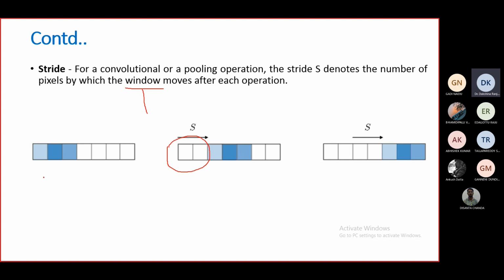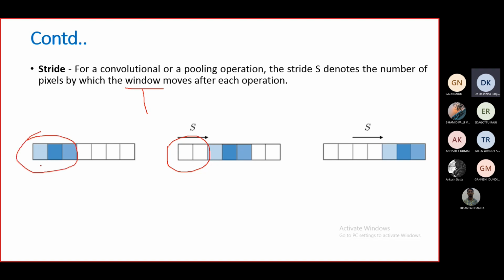Whenever we move our window or filter, we consider a 2 pixel stride distance, and at every step we move the filter by these 2 pixels. Here you can see the initial position of the filter.